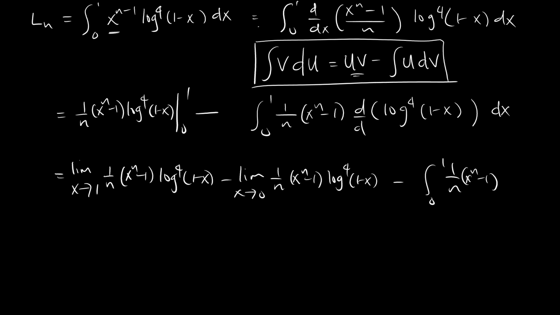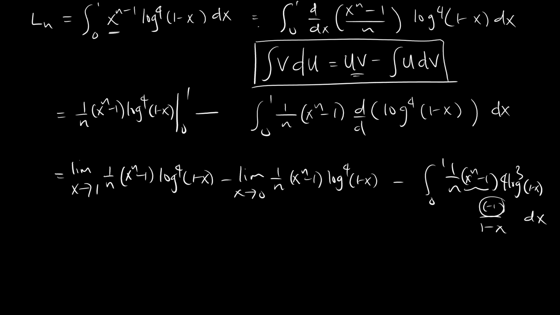The derivative of log 1 minus x to the power 4 is the same as 4 log to the power 3 of 1 minus x times the derivative of log of 1 minus x, which is negative 1 over 1 minus x. So this negative 1 interacts with this.